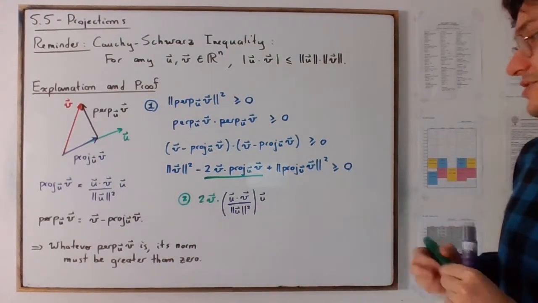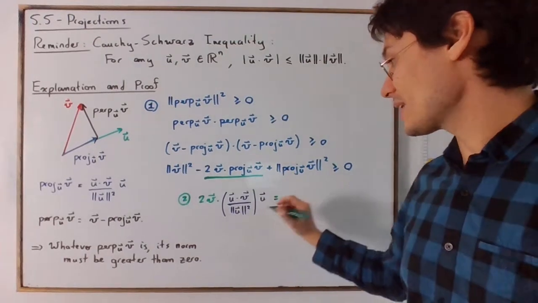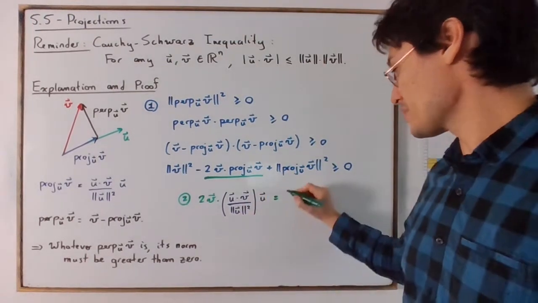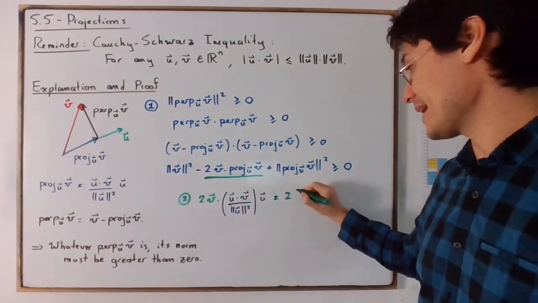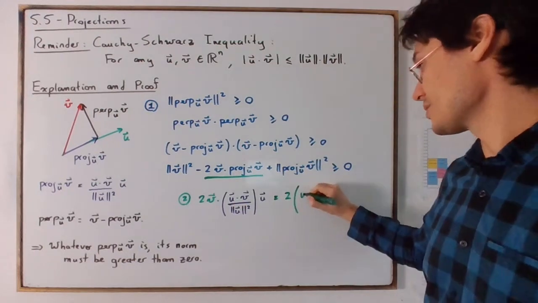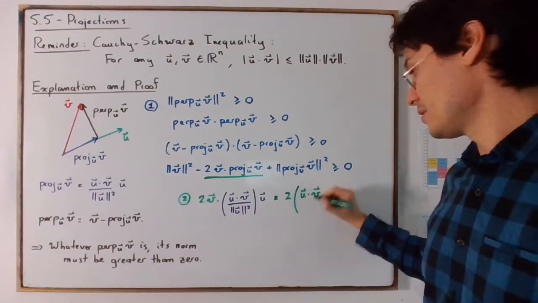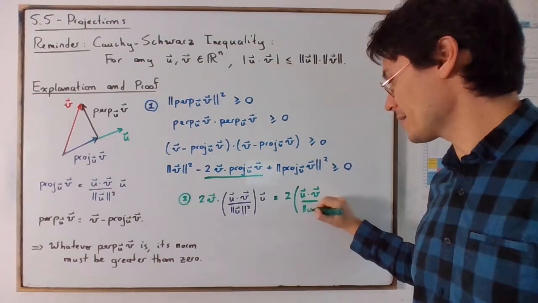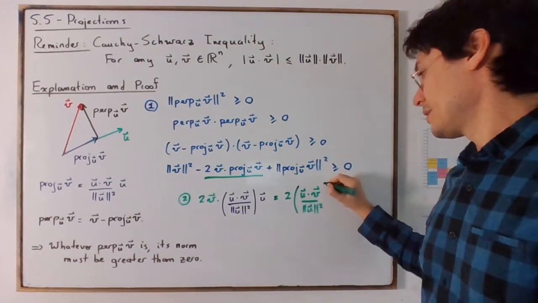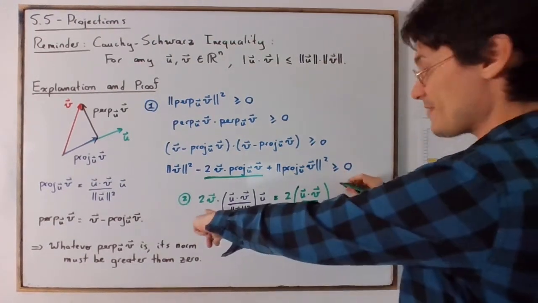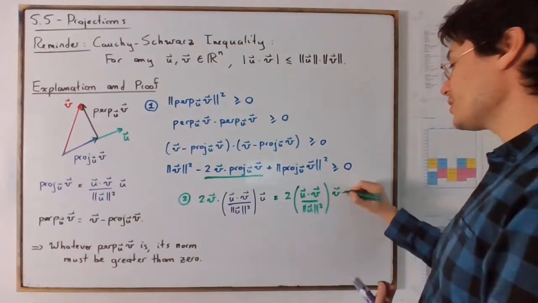And, okay, so as you can see, what's going to happen is all the numbers go out. So we get like this. Okay, so u dot v over u squared. And then this vector v is being dotted with u.